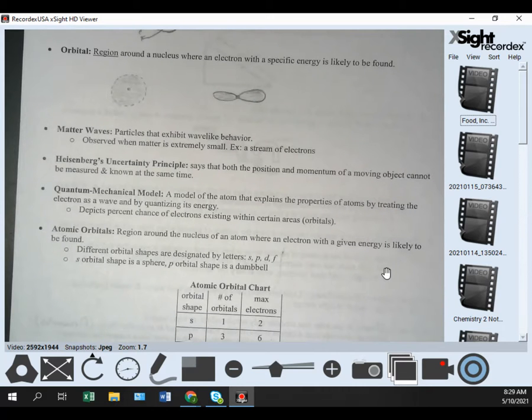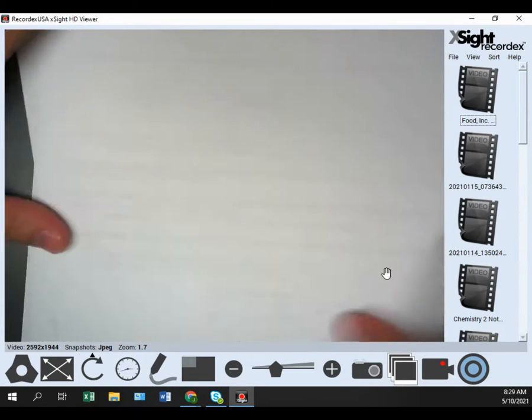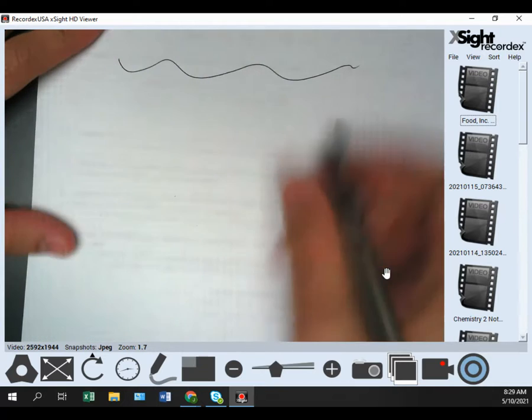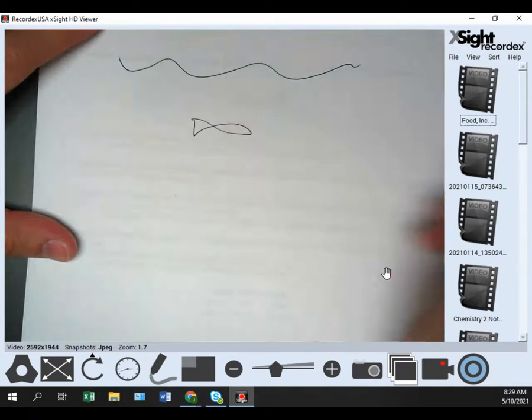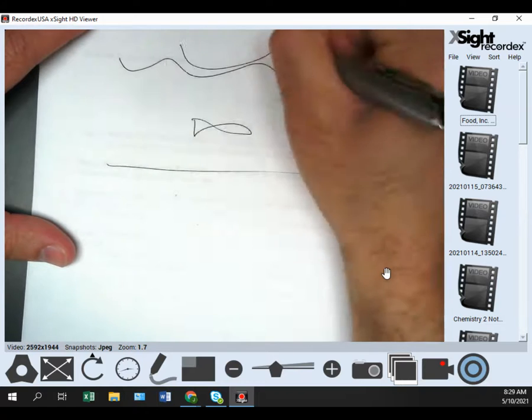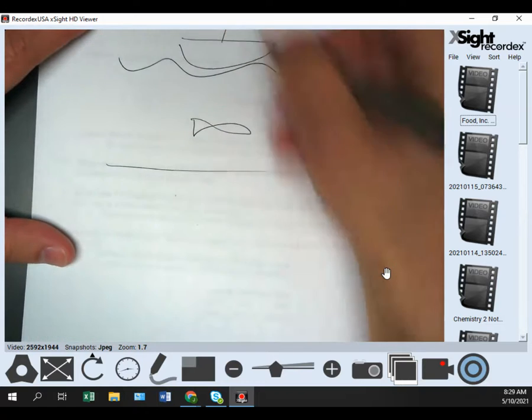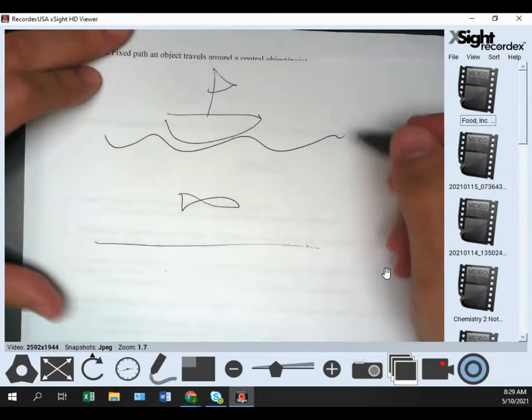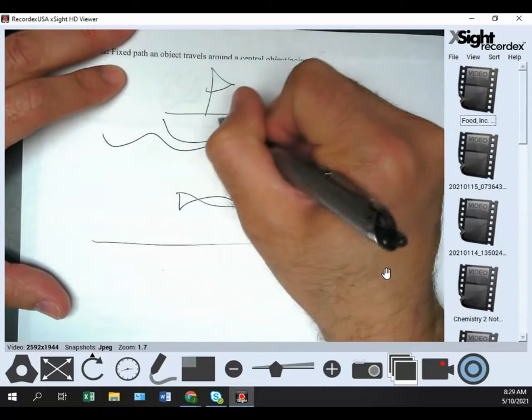So they send out sonar signals, and basically the signal goes out from your boat.